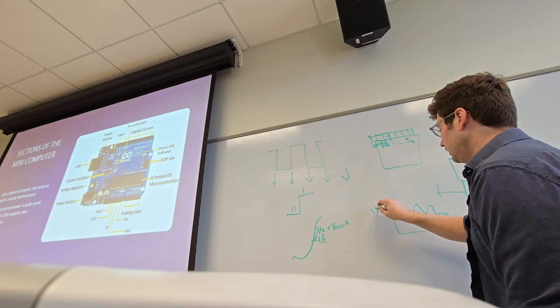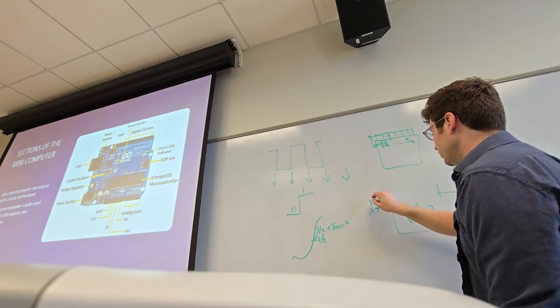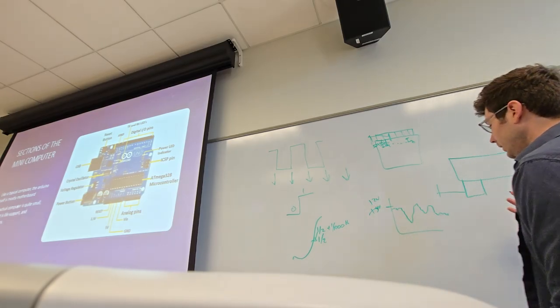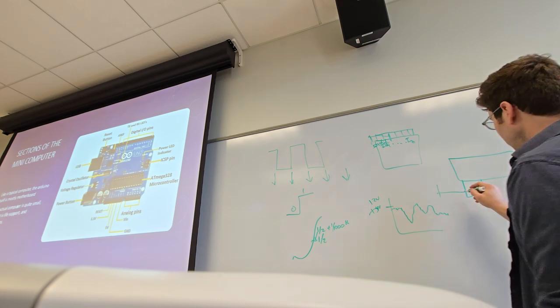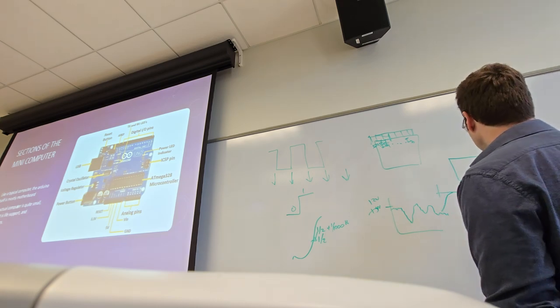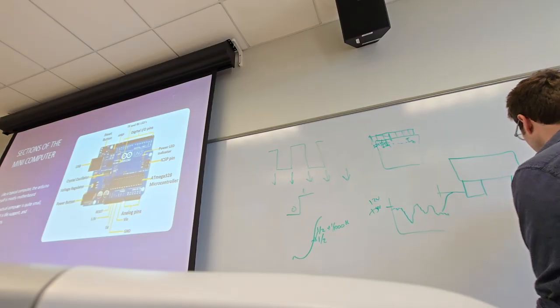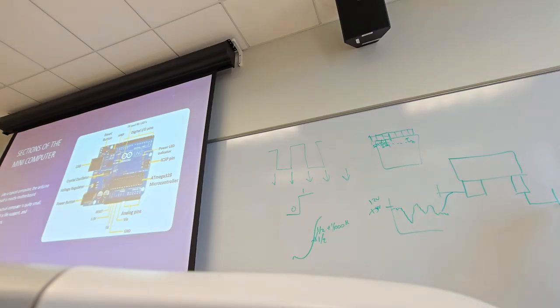This might be 15 volts or, let's say, 12 volts. Way more than we need, 5 volts. That's going into the device. And out of the device is a really nice, clean, stable source of 5 volts or 3.3 volt power.